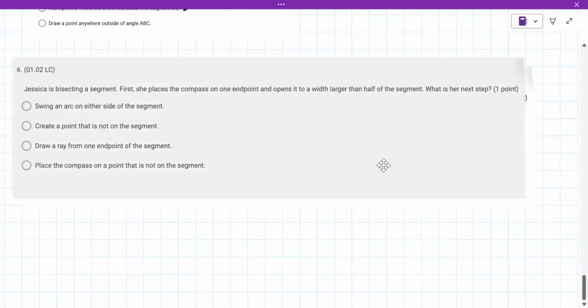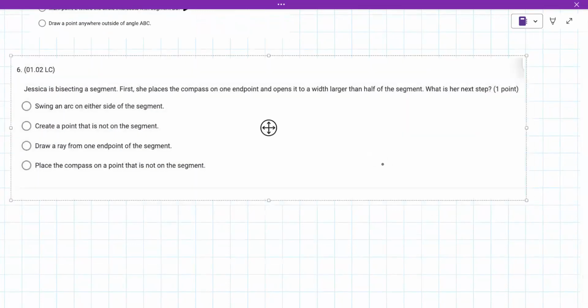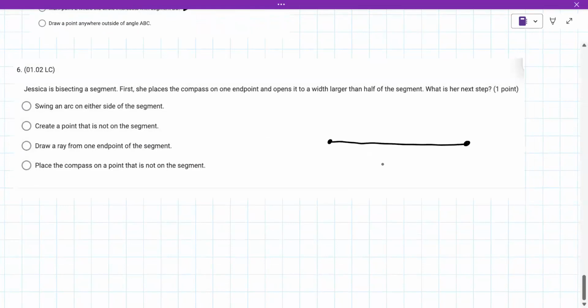Jessica is bisecting a segment. So here's the segment, we'll just say, and she wants to bisect. First she places the compass at one endpoint and opens it to a width larger than 1/2 the segment. So she's gonna create something like this. And then to bisect it, she has to go to the other side and swing the same thing.